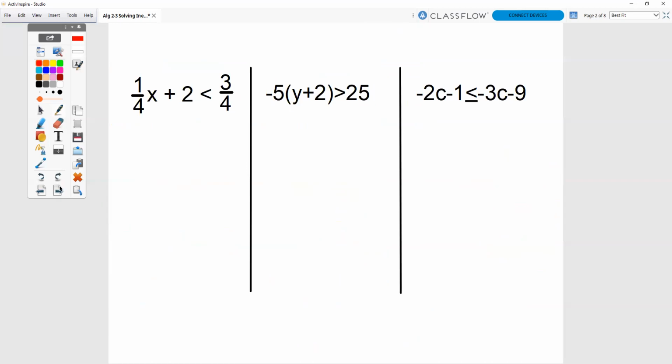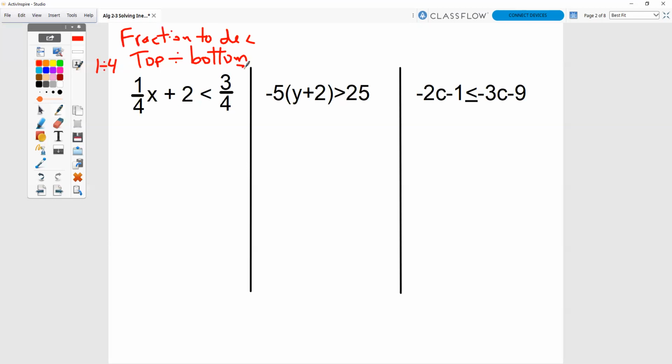Looking at some more multi-steps, if you have a fraction, to change a fraction to a decimal, we have to do top divided by bottom. The numerator divided by the denominator. You always do top divided by bottom to change a fraction to a decimal. So you're going to do 1 divided by 4 here.